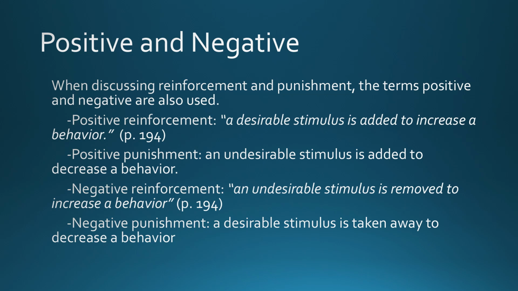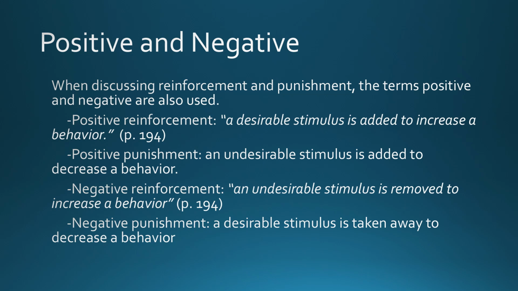So let's look at positive and negative reinforcement and punishment. Positive reinforcement is when a desirable stimulus is added to increase the behavior. So something positive, something desirable is added to increase a behavior. There's also positive punishment, which is when an undesirable stimulus is added to decrease a behavior.